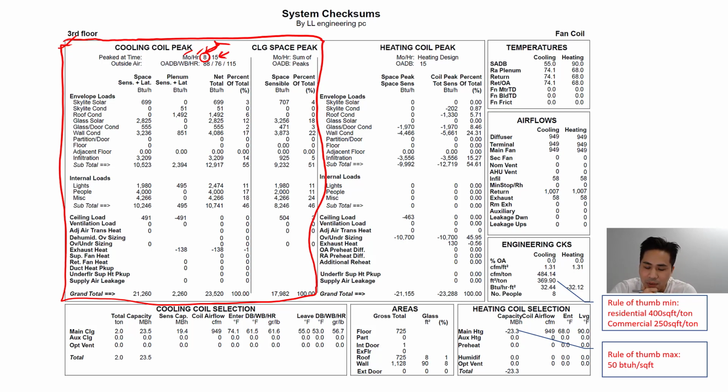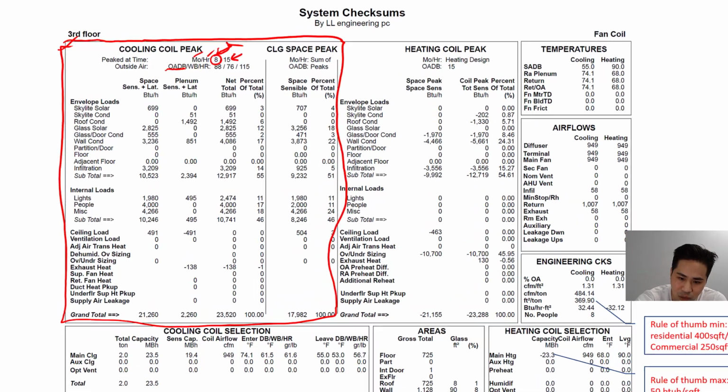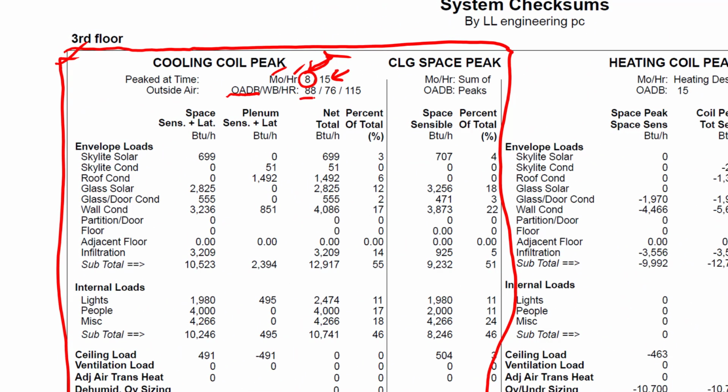So 15 would convert to 3 p.m. At 0 would be 12 a.m., at 1 would be 1 a.m., and 15 is equivalent to 3 p.m. And at that time, the outside air dry bulb is 88, the wet bulb is 76, and the humidity ratio is 115.